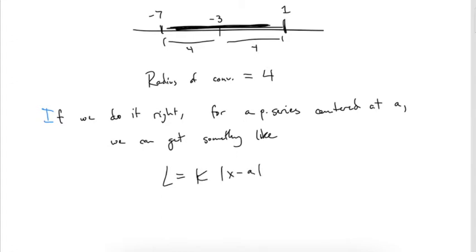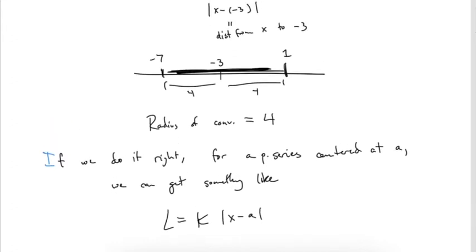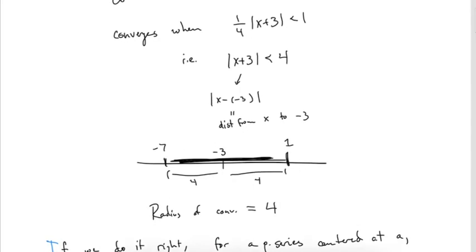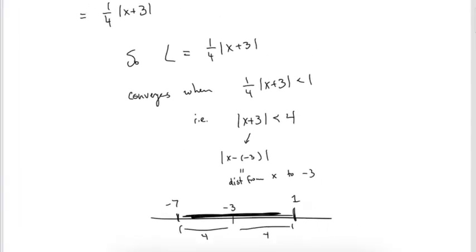This is often how it works out. It's not always, but usually. In this example, L equals 1/4 times absolute value x plus 3.